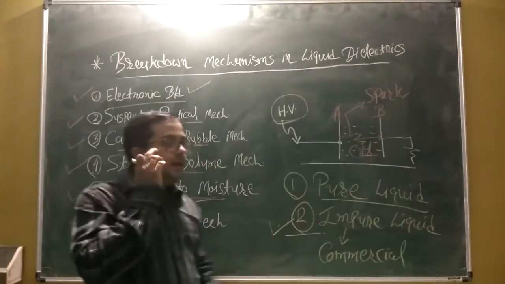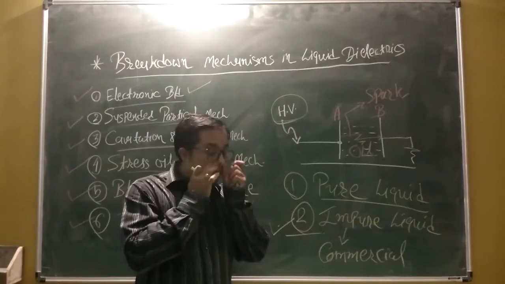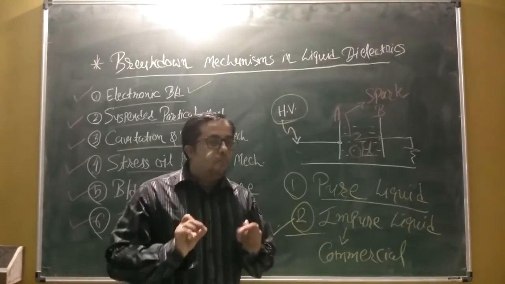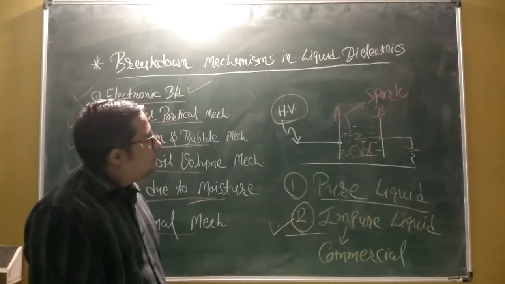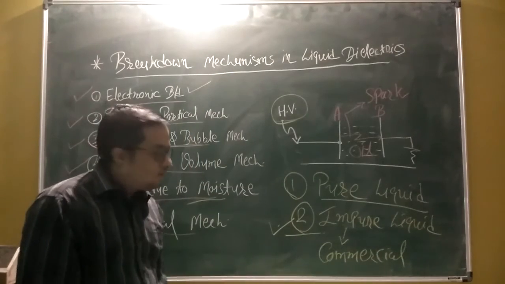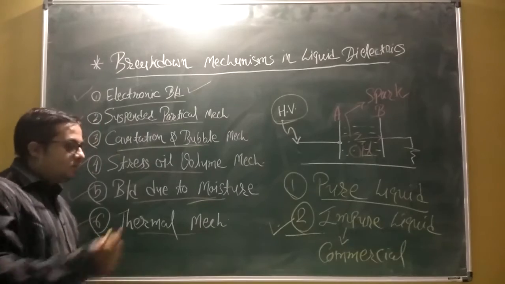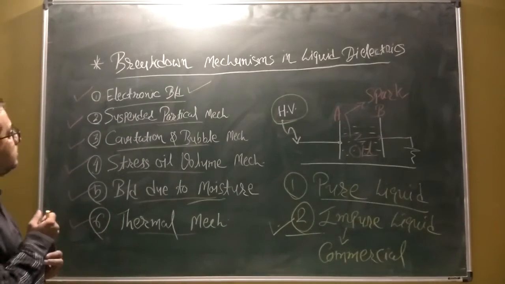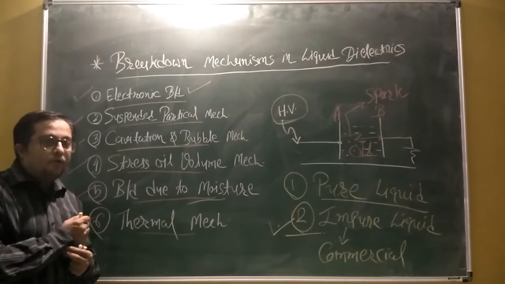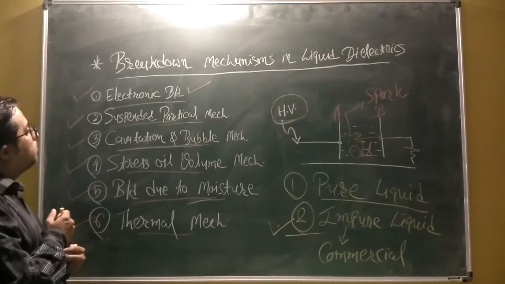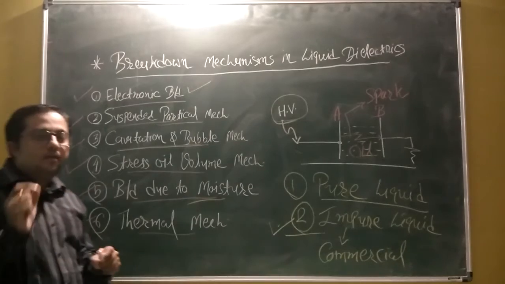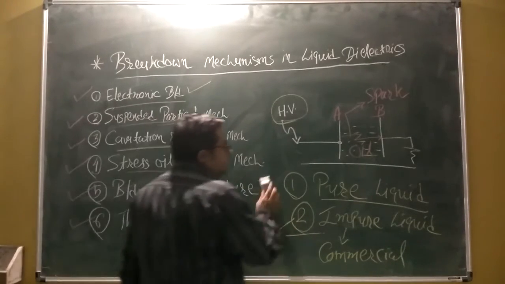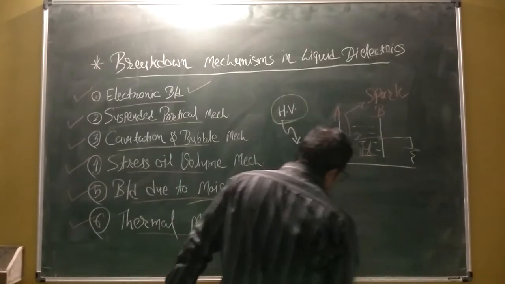Before applying it to high voltage equipment, it needs to pass through the purification system. So let us discuss the breakdown mechanisms, what I have written on this board, one by one. Let me wipe this out first.